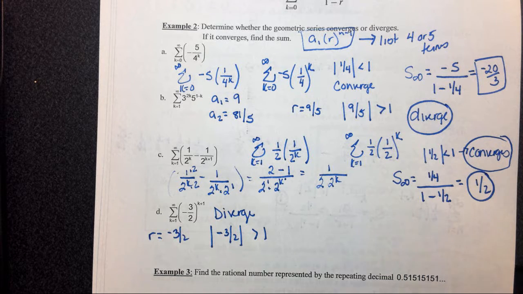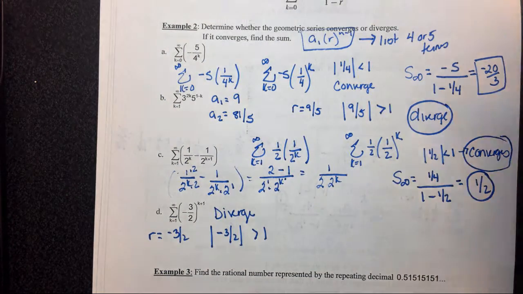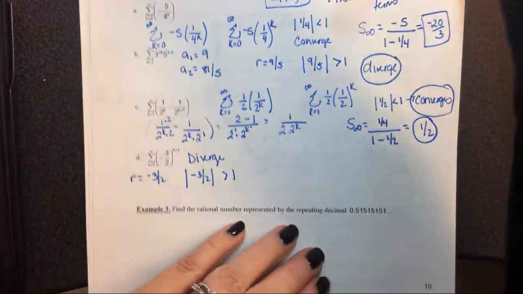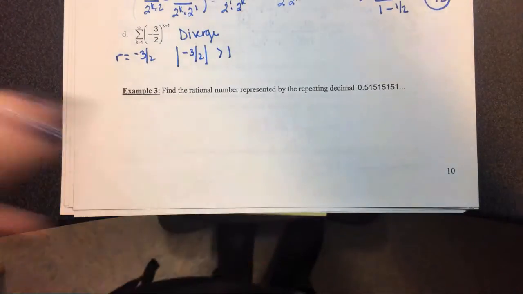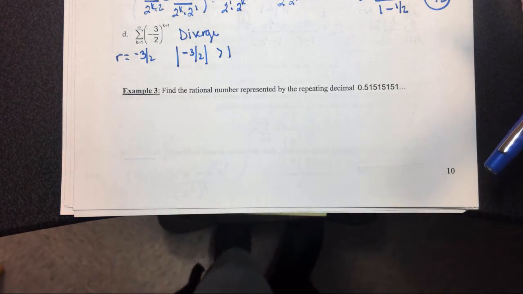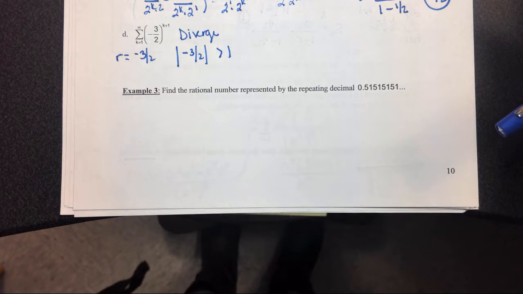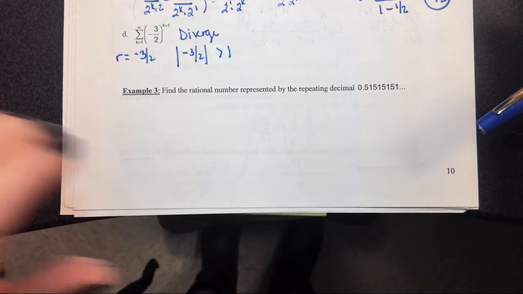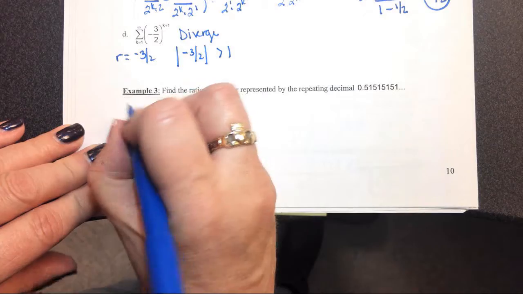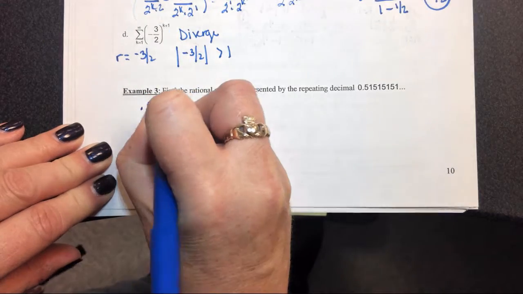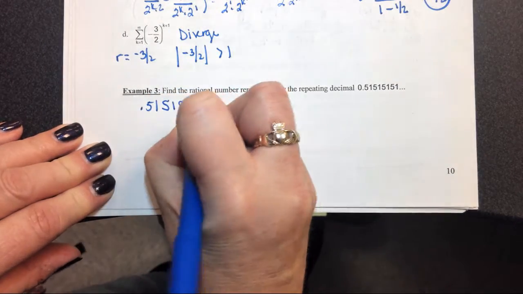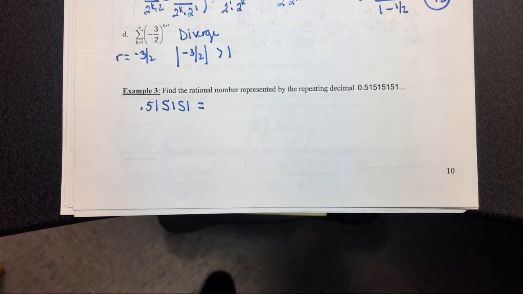So here's another application of the geometric series. We're all familiar with repeating decimals. So here they're giving me a repeating decimal. Find the rational number represented by the repeating decimal 0.51, 0.51, 0.51, 0.51. Well, you can actually take your repeating decimal of 0.515151 and expand it out as a sum.